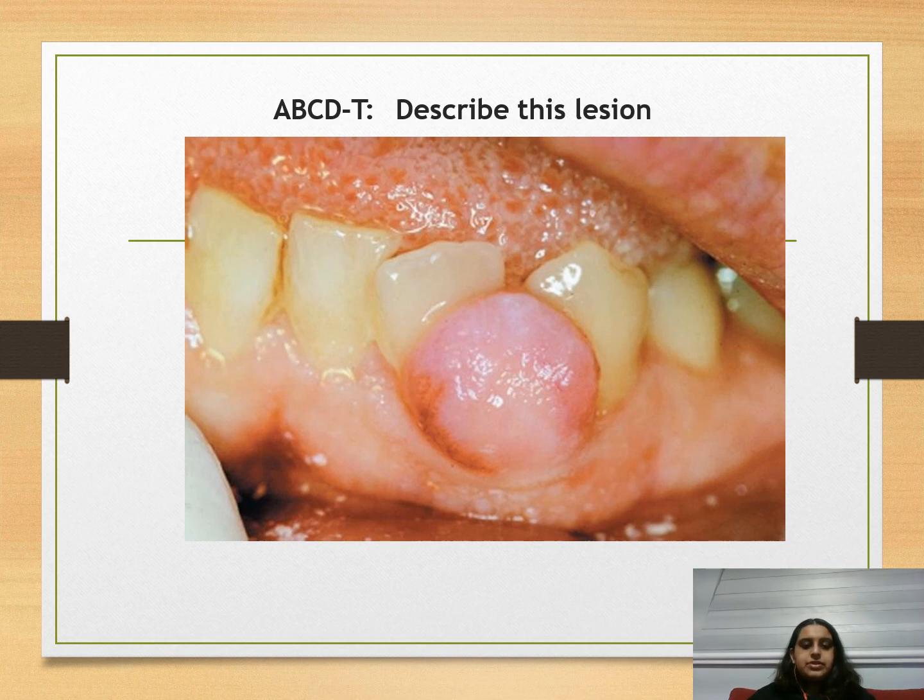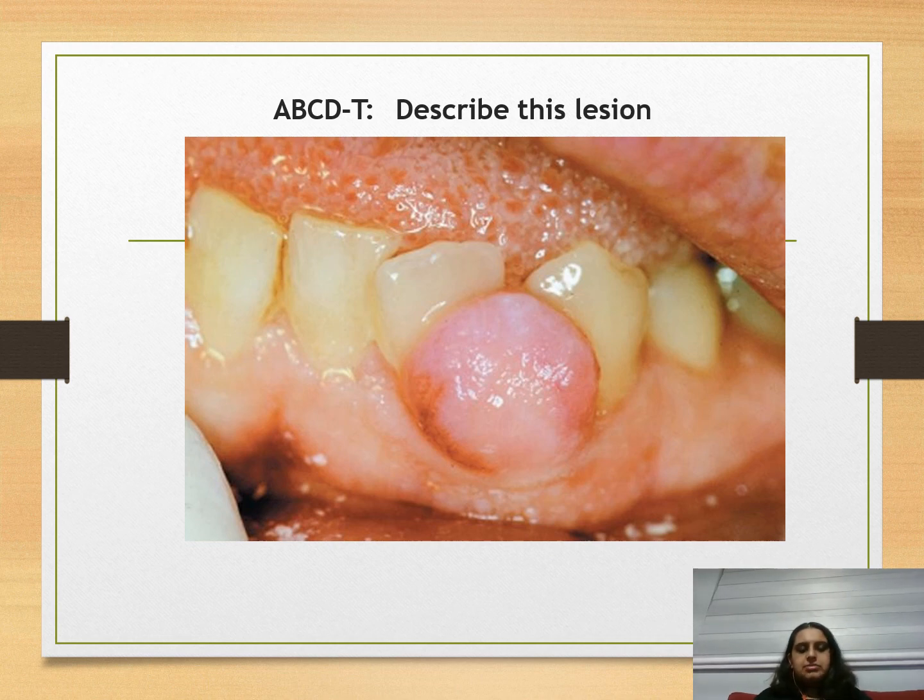So for this one, an example would be on the gingiva of the, I forget what side this is. This is 32, 33. There is a regular border, pinkish in color with brown pigmentation.